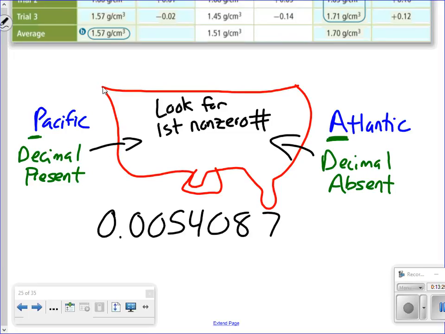Present. So what coast am I starting on? I'm on the Pacific side, or starting on the West Coast. I'm going to head inland. What's my first non-zero number? 5. Everything after that is significant. How many? 560. I'm sorry, everything including that first number and everything behind that is significant. Okay?